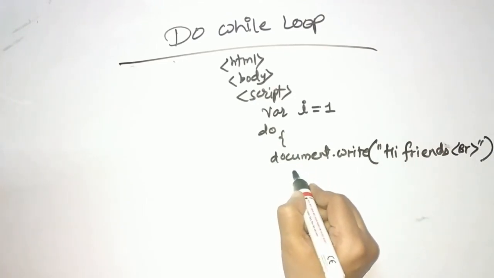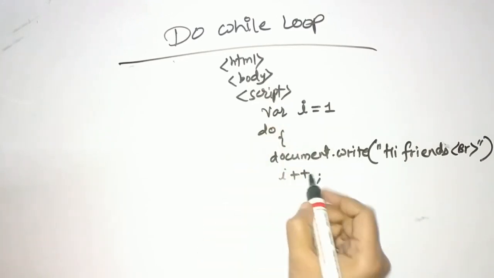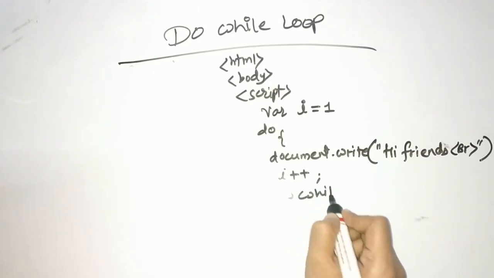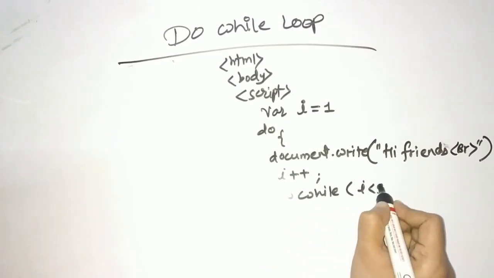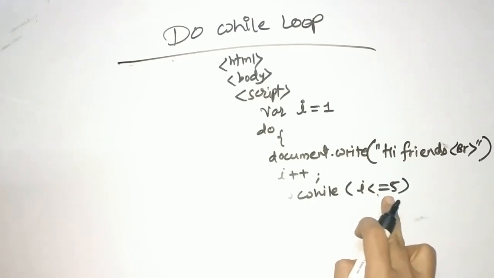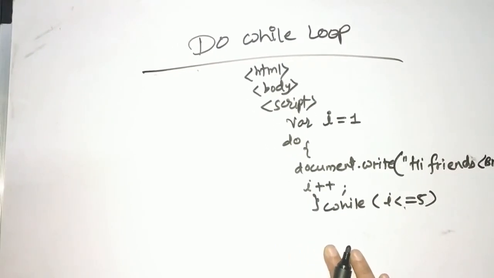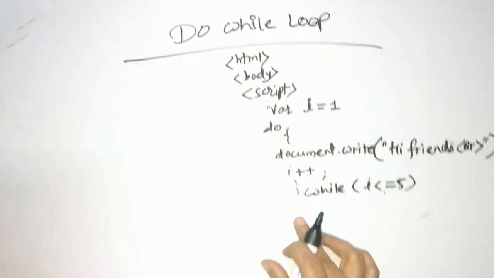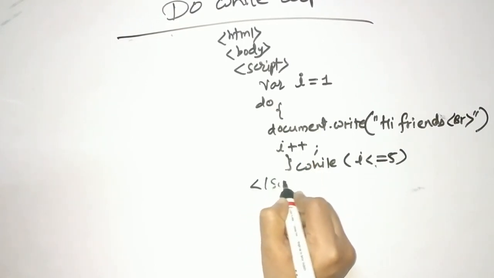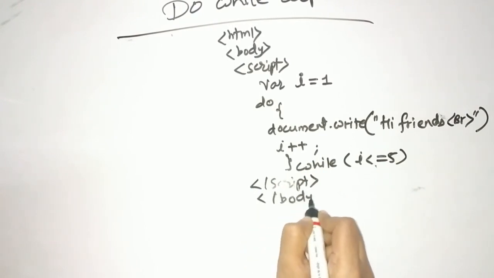Then here we'll give i plus plus, the increment, to increase the variable value. Then at the end we'll write while i is less than 5 or i is less than or equal to 5, I'll take this as the condition. The condition is given here. Then we close the script tag, then the body tag, then HTML.